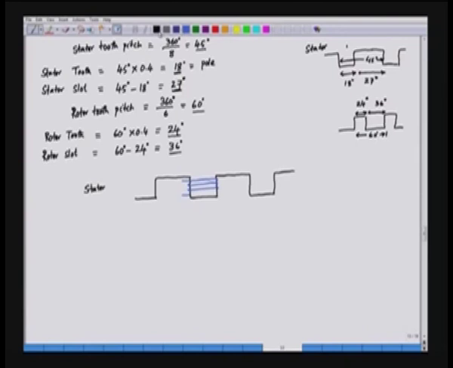What about the rotor? The rotor is below the stator, and here on the stator, this angle is 27 degrees, the slot angle, and the pole angle or the tooth angle is 18 degrees.